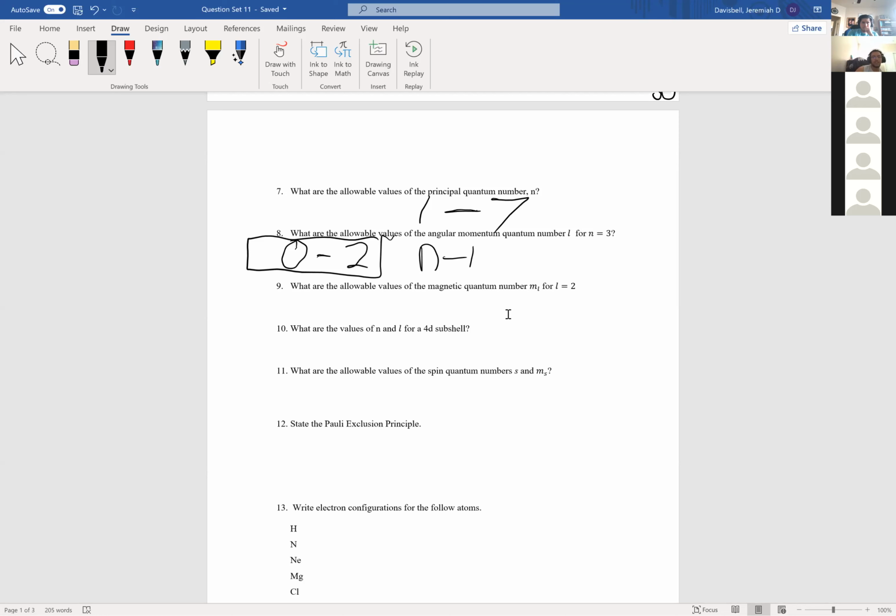How do we use L to find m sub L? Okay, well, if L equals 2, what's at least one of the numbers that m sub L can be?